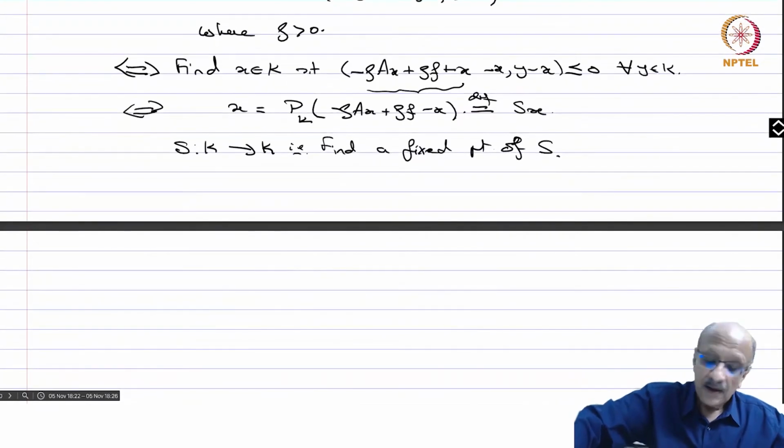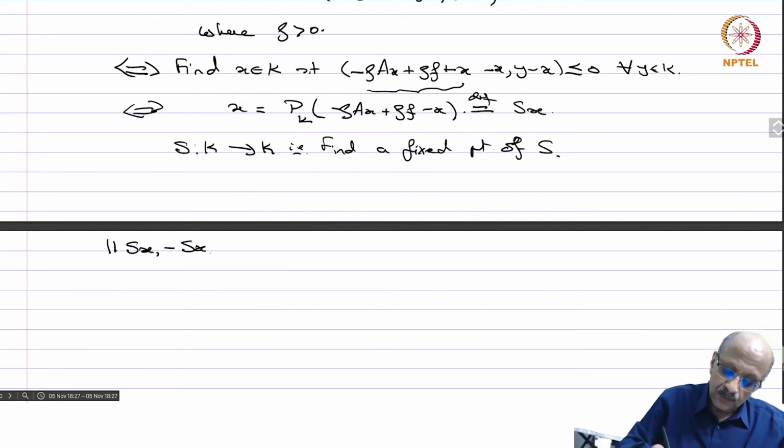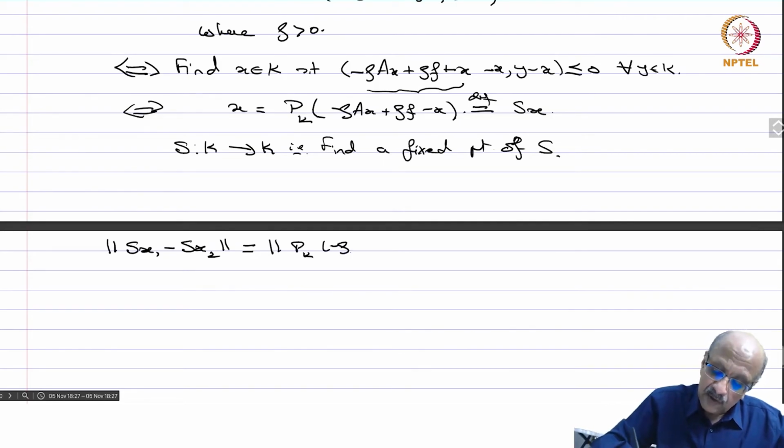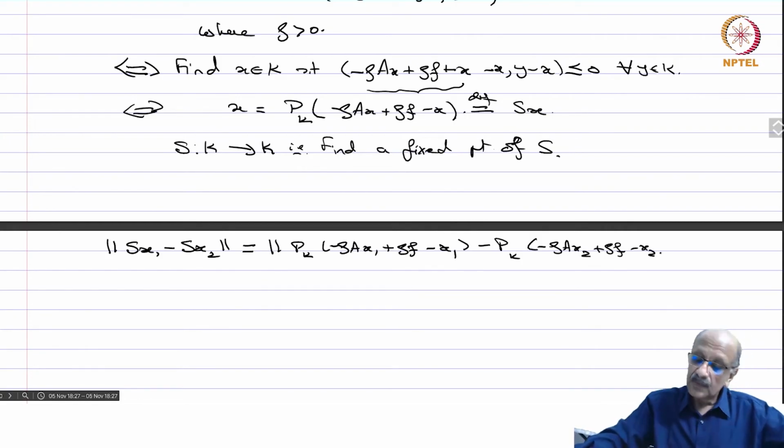And so now let us look at this. So norm of Sx1 minus Sx2 is equal to norm of Pk of (minus rho Ax1 plus rho f plus x1) minus Pk of (minus rho Ax2 plus rho f plus x2).